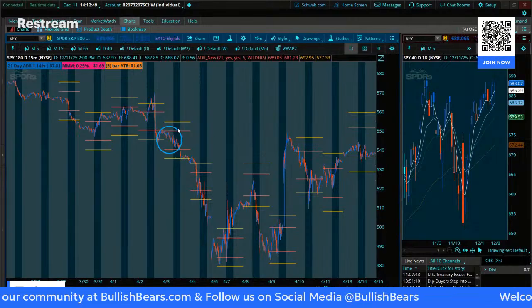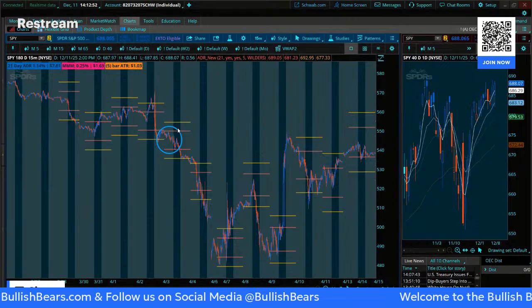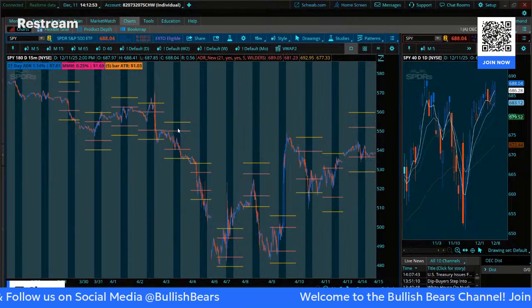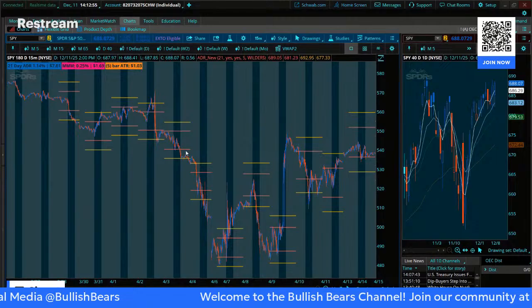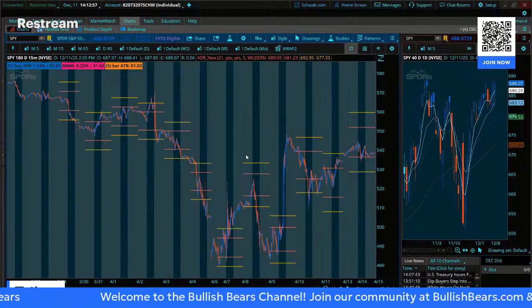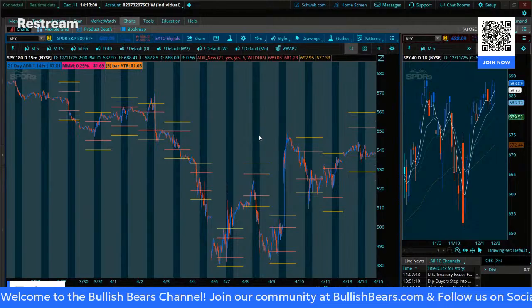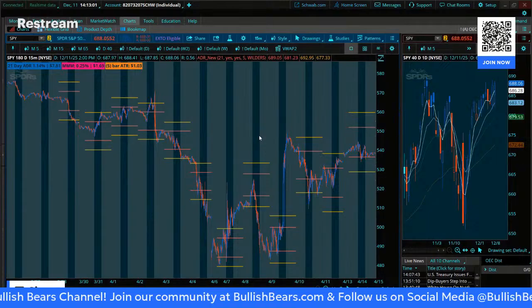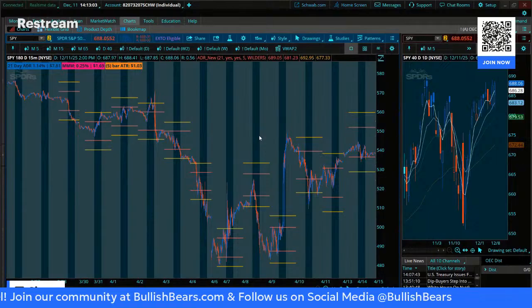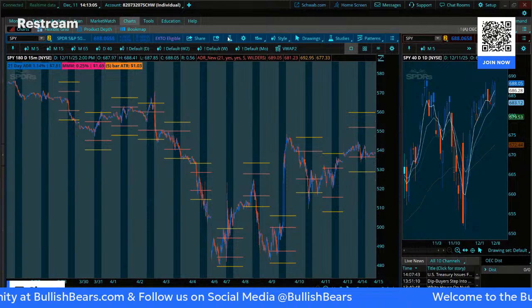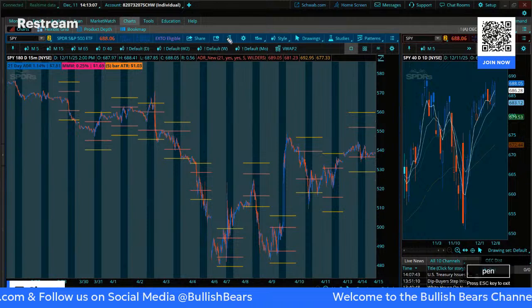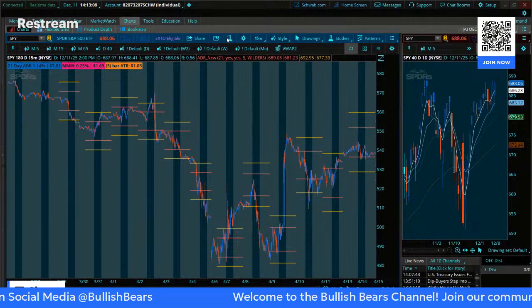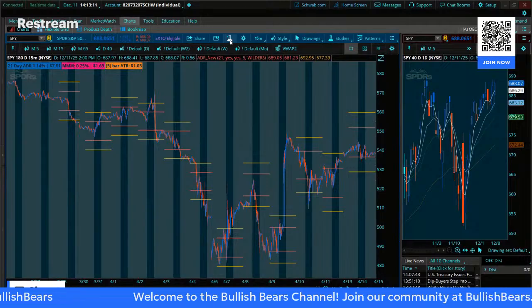That would be great. If we had that, we would see this sort of channel between the two red lines just following price all day long. You know what it would look like? It would look a lot like Keltner channels, oddly enough, right?